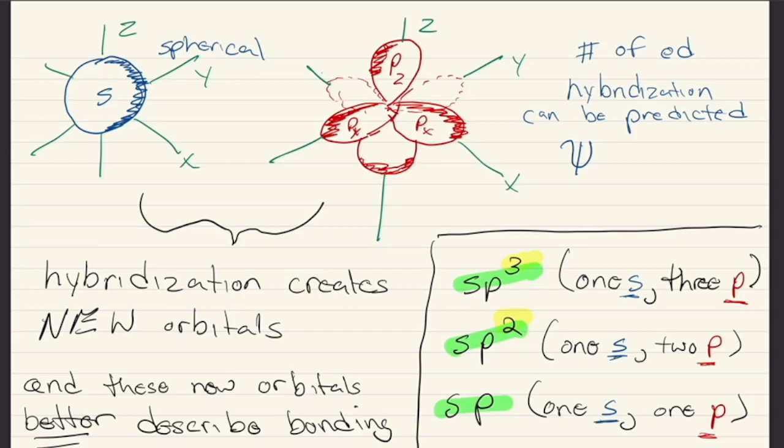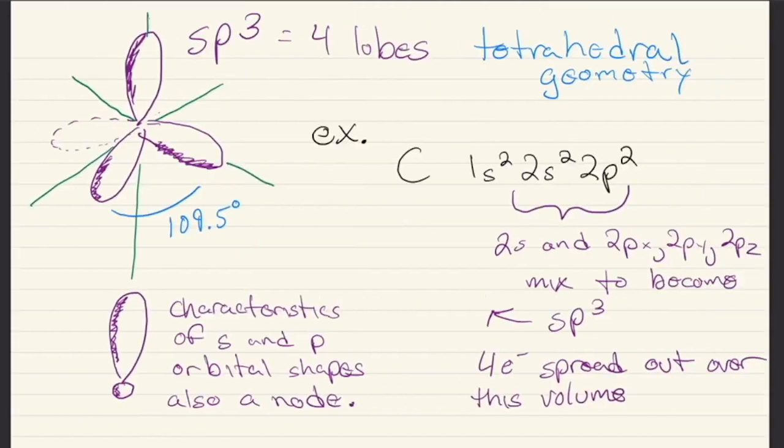The reason that we did this is because this actually describes the three-dimensional geometry that we've already studied. It describes it better. Okay, what do I mean? So let's take a look here. This is an sp3 hybridized orbital.